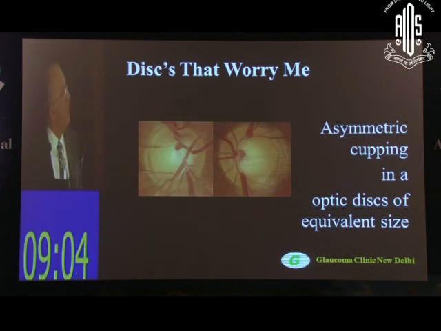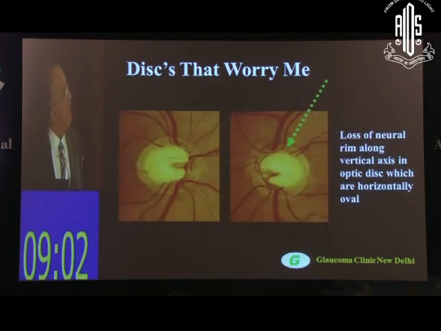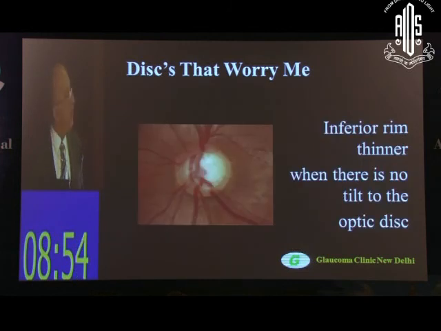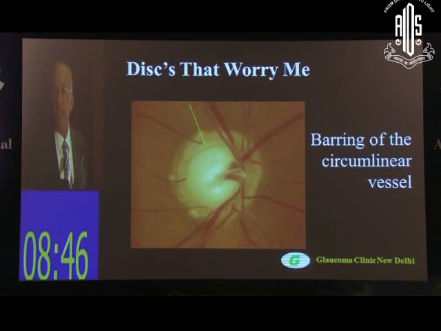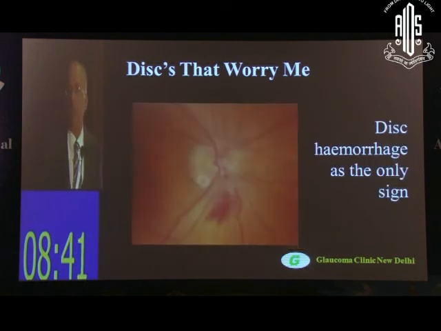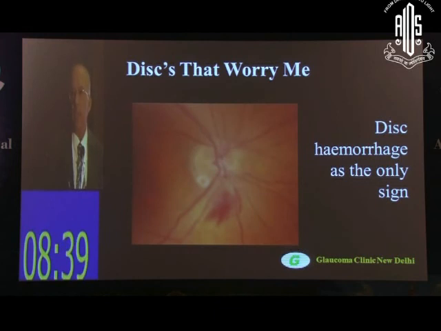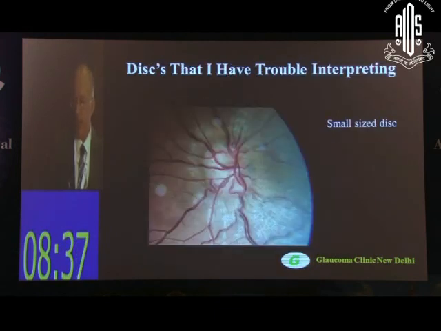Asymmetric cupping in optic discs of equivalent size, or loss of neural rim along the vertical axis in optic discs which are actually horizontally oval. When the inferior rim is thinner and there is no obvious tilt to the optic disc. When bearing of the circumlinear vessel is an isolated sign in the absence of any other feature for glaucoma. Disc hemorrhage as an isolated presentation in a patient who has come for a routine eye examination.